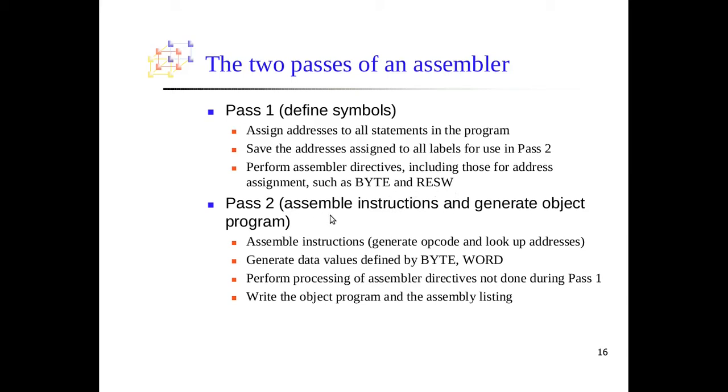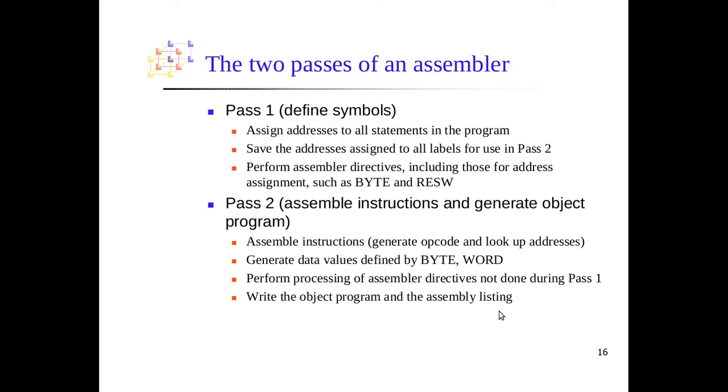In pass 2, assemble instructions and generate the object program. That is, assemble instructions and generate opcodes and look up addresses, generate data values defined by BYTE, WORD, etc., perform processing of assembler directives not done during pass 1, and write the object program and assembly listing.